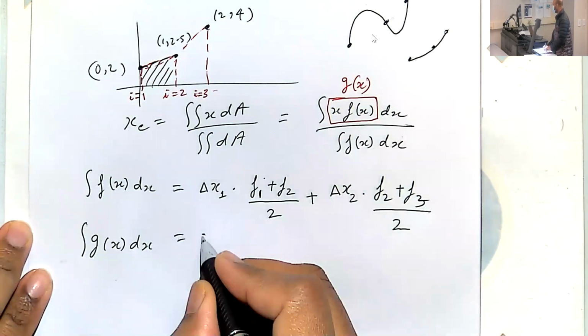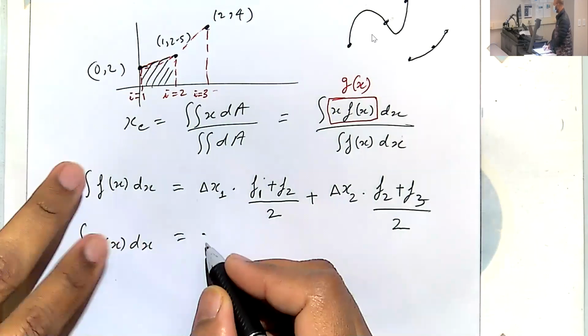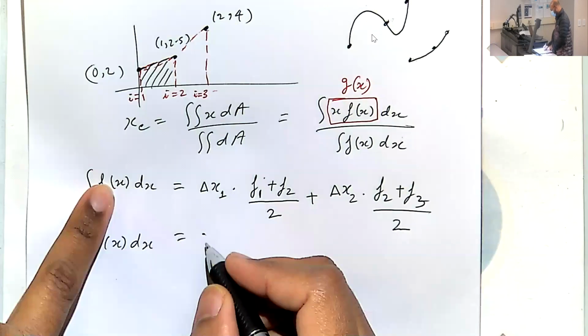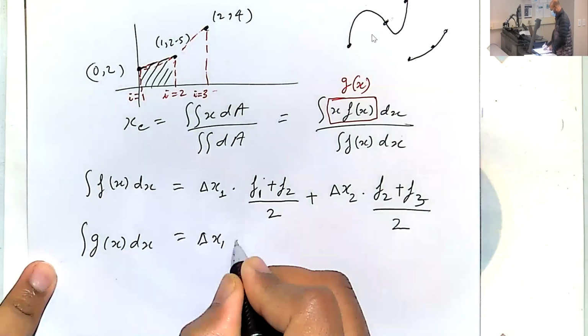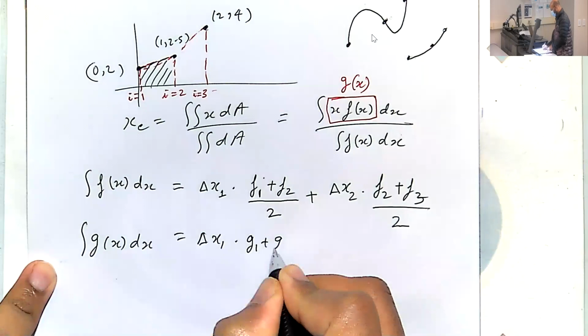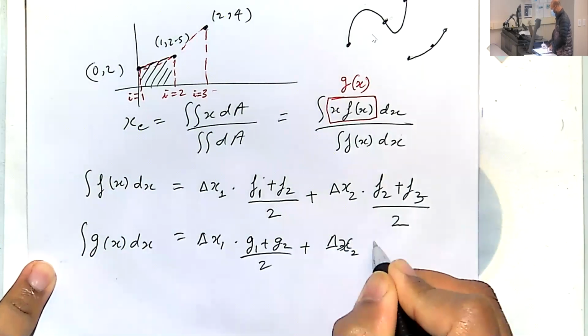Is there any difference between the two? It's the same. There's one function, there's another function. So you write the same thing. G1 plus G2 over 2. G2 plus G3 over 2. Make sense?